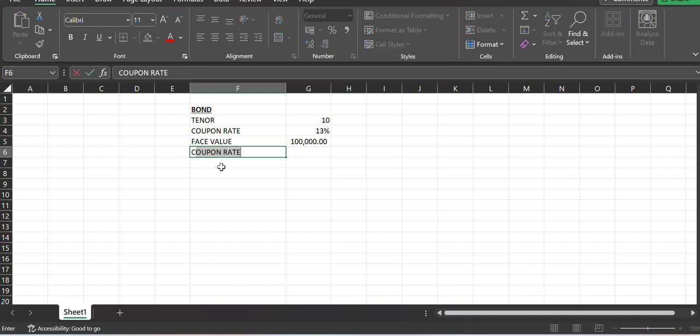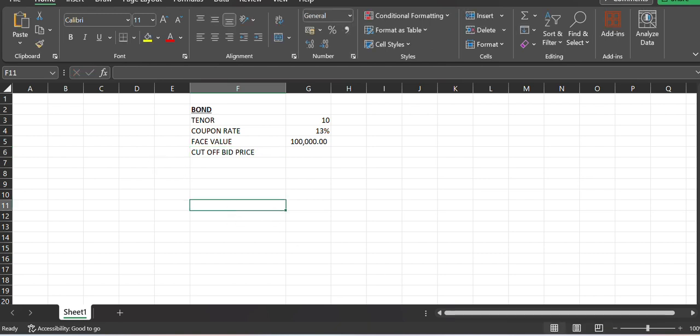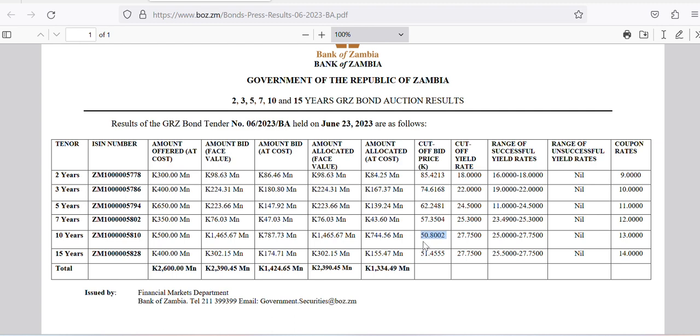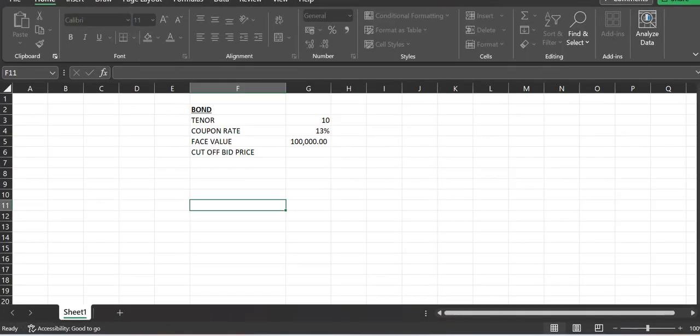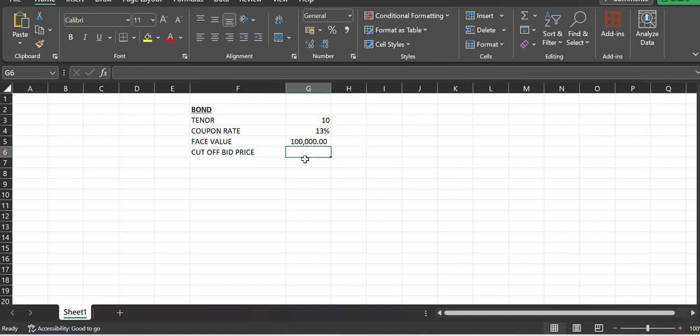Then the cut-off bid price for a 10-year bond after these results, how much was it? It was 50.8002 for this particular month. This was the cut-off price. This is per 100 kwacha.